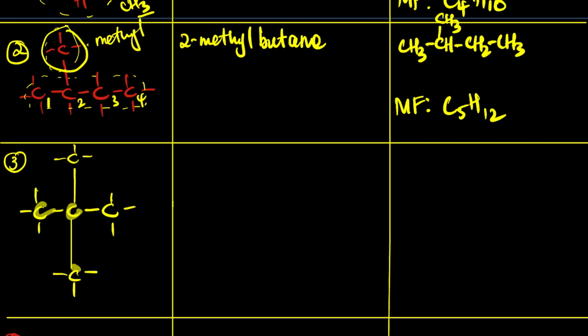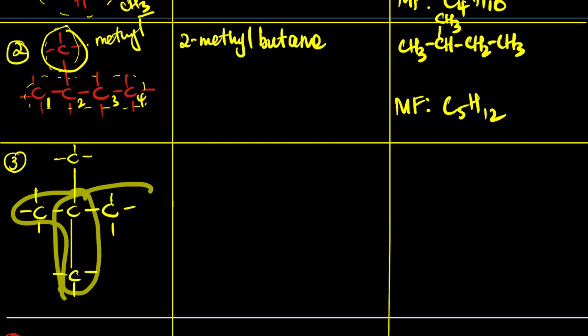In all of them, the longest here is 3 carbons. So let's take this as a parent, or we can take this as a parent. It doesn't matter. It's 3 carbons, and this carbon will always be 2.